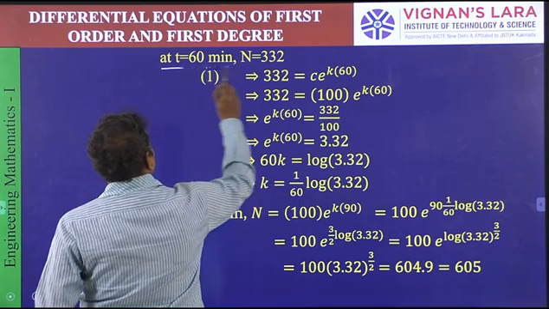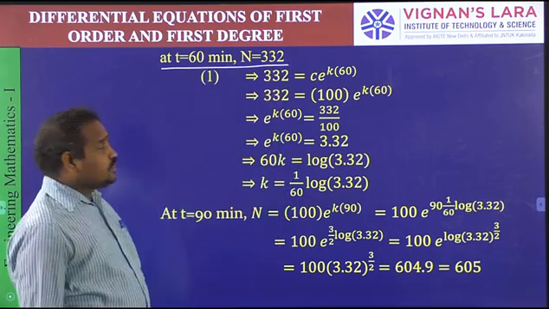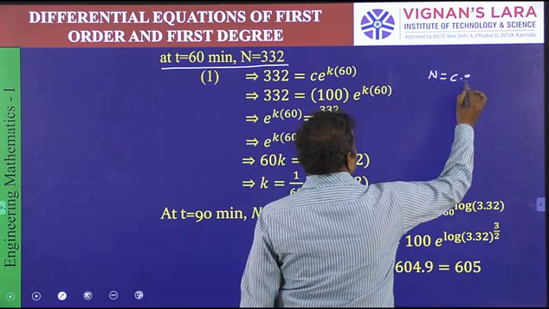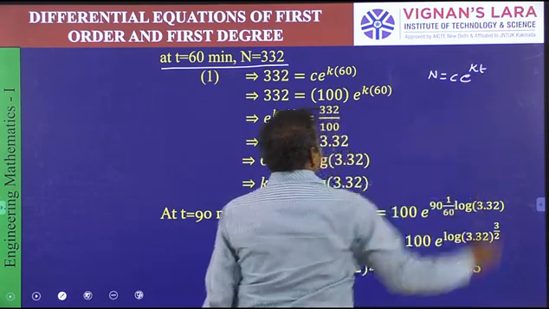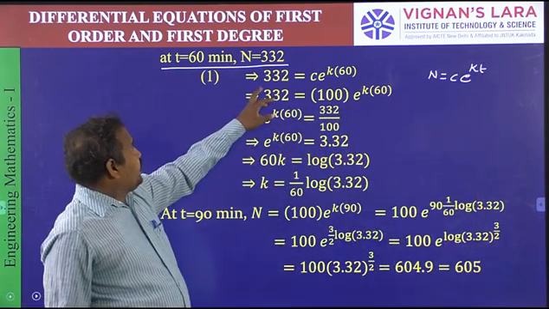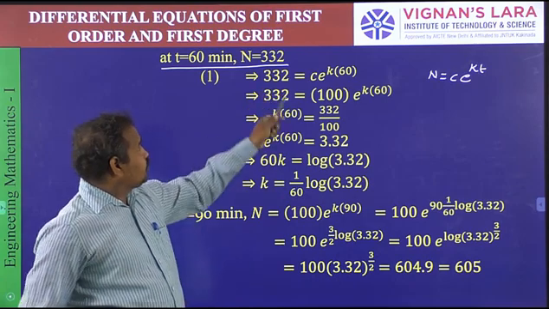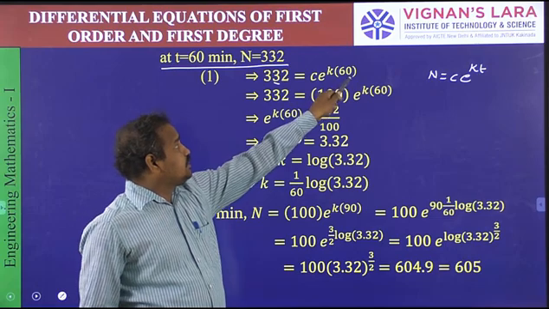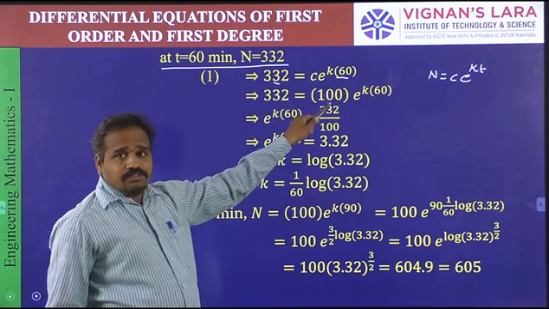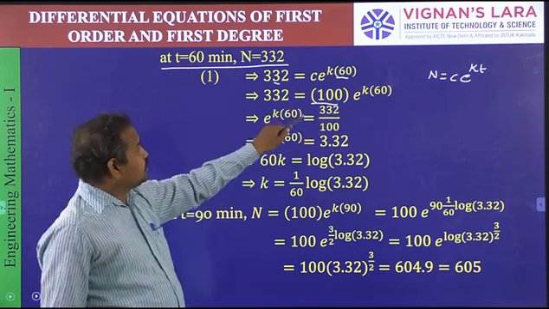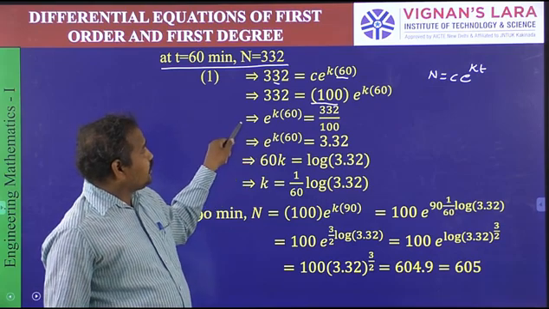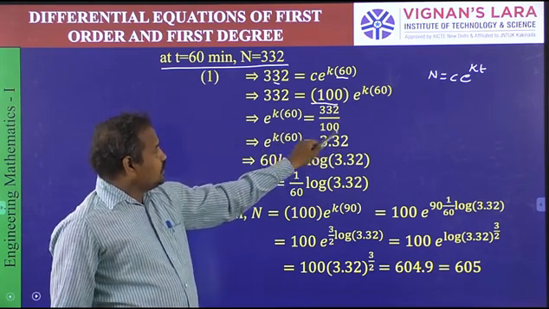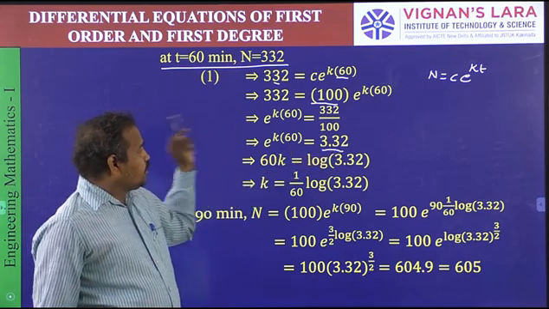At t is equal to 60 minutes, N is equal to 332. Our formula, equation 1, is N is equal to c into e power kt. That implies 332 is equal to c into e power k into 60. Already you know the value of c, so substitute the c value here. 100 comes to the left hand side: 332 by 100 is equal to e power 60k, and 332 by 100 is 3.32.